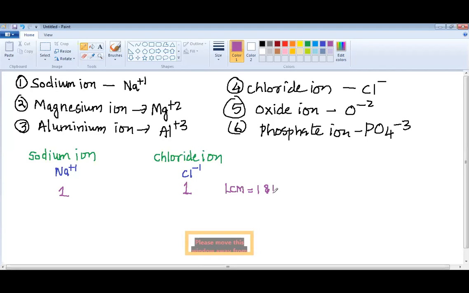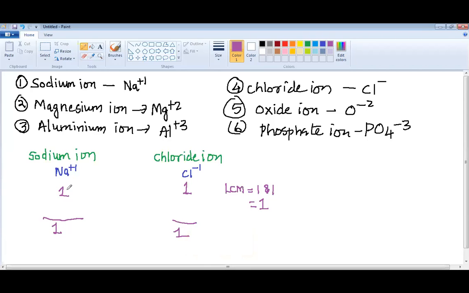Can you tell me what is the LCM of 1 and 1, my dear students? The LCM for 1 and 1 is 1. So we just draw a line after leaving some gap and then we write the value of LCM here.